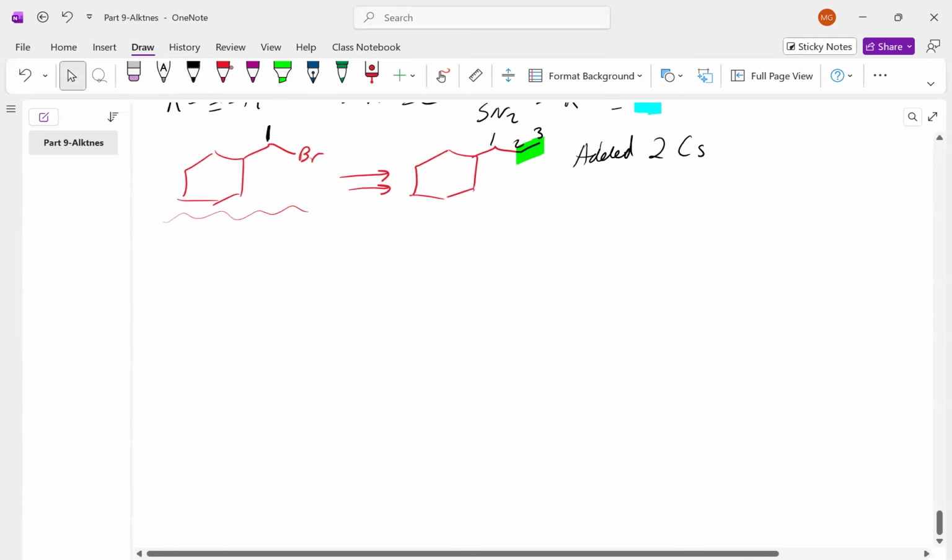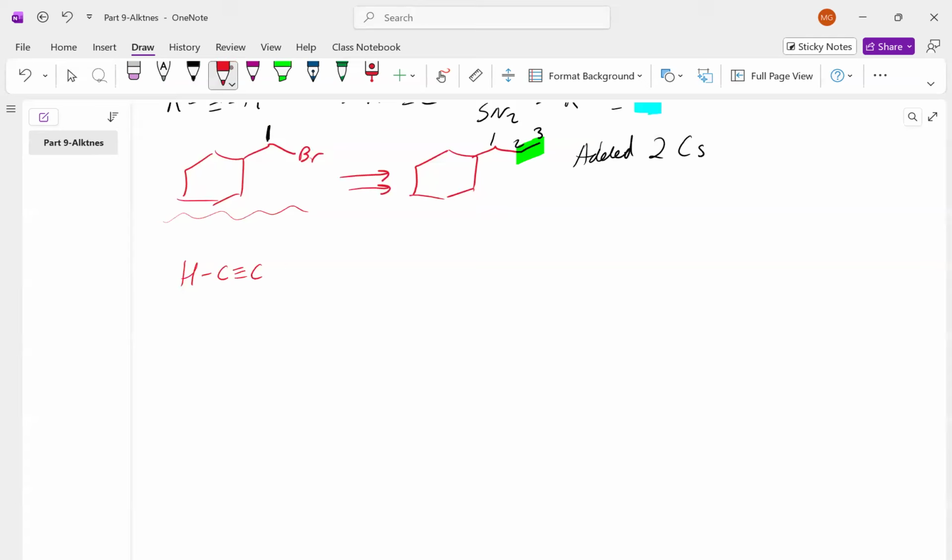So let's come up with some reactions that will get us here. So here's my carbons 2 and 3. I'm going to deprotonate using sodium amide. And then I'm going to throw in the alkyl halide. So notice here, there's carbon 1, 2, and 3.